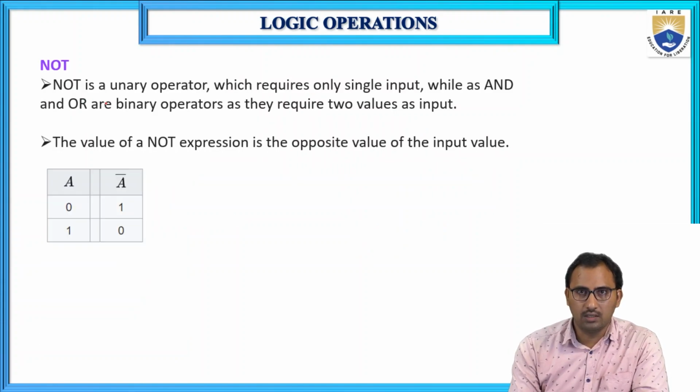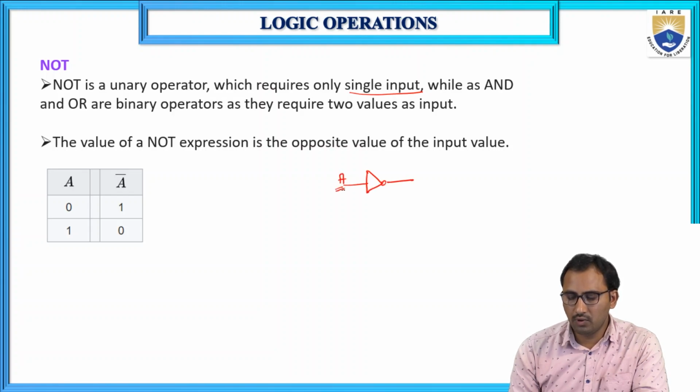Coming to the NOT. NOT is a unary operator, which requires only a single input, while AND and OR are binary operators as they require two values as the input. So this NOT gate has only one input and one output.